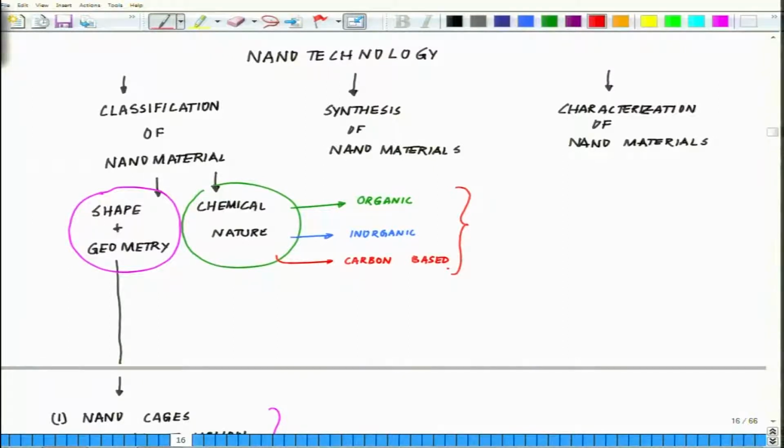In terms of organic nanomaterials, dendrimers, micelles, liposomes and ferritin are commonly known as organic nanoparticles or nanomaterials.